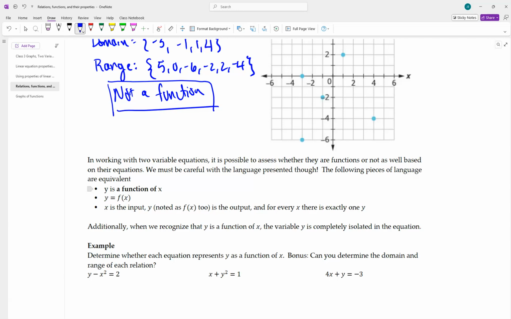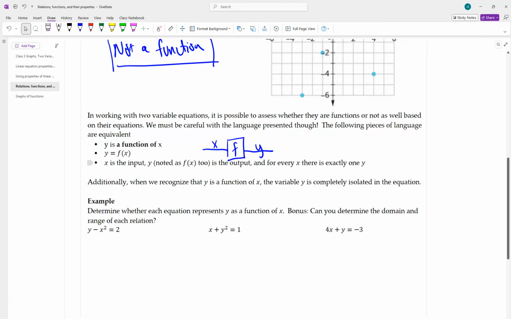So it's a machine. Previously you may have seen that we put x into the conveyor belt in this f machine and the machine spits out y. Same idea. We have x as the input, y as the output, and for every x, we get exactly one y.